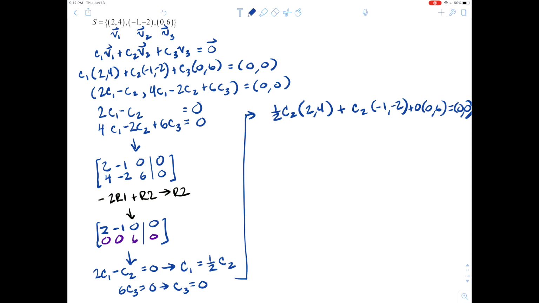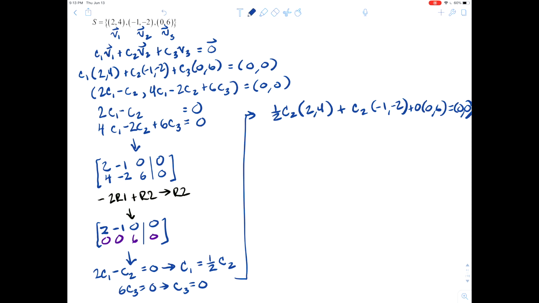Good so far? And as you can see, you can plug in a number for C2 if you like, but you'll see that you would get this vector 0, 0 on the left side if you simplified. Okay, so the next part was to express one of these vectors in the set as a linear combination of the other vectors in the set.